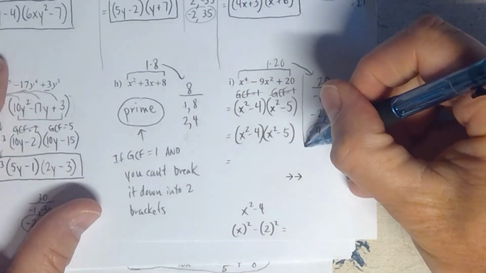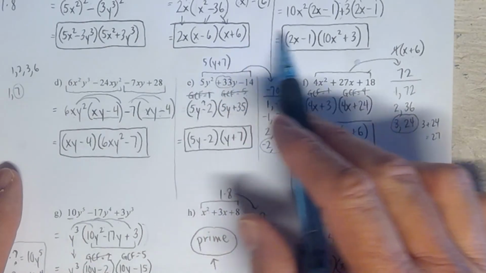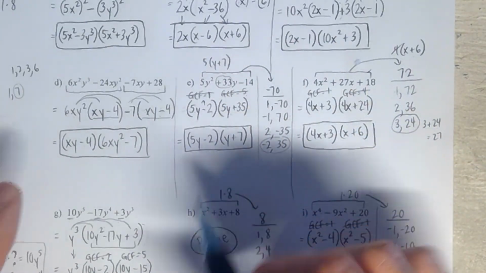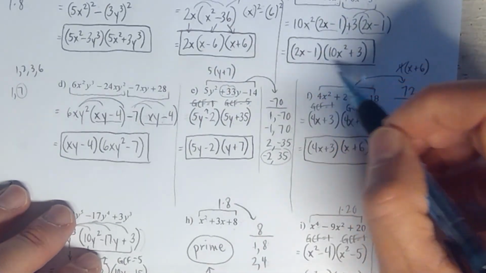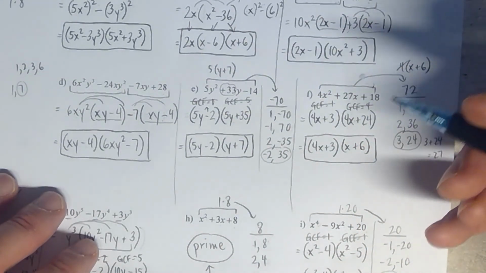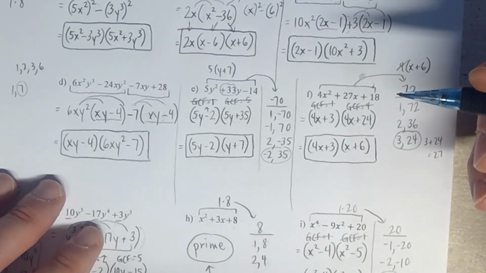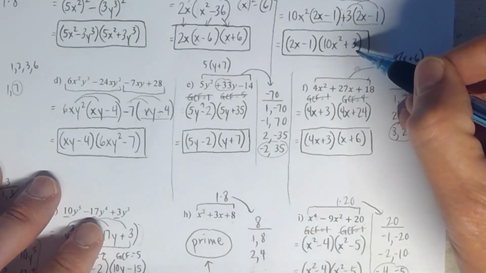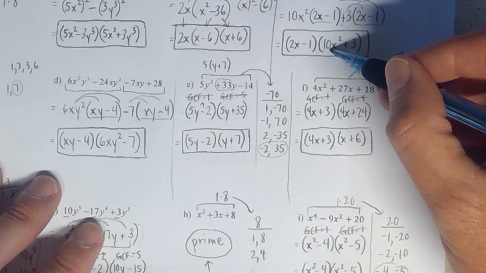You'll notice on all the other problems we did, none of these other brackets fit perfectly into the a squared minus b squared formula, where every part of them was something being squared. For example, look at this bracket right here. Do you know what's being squared to equal 10?